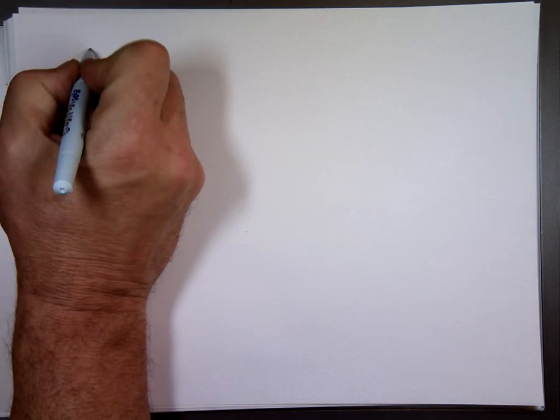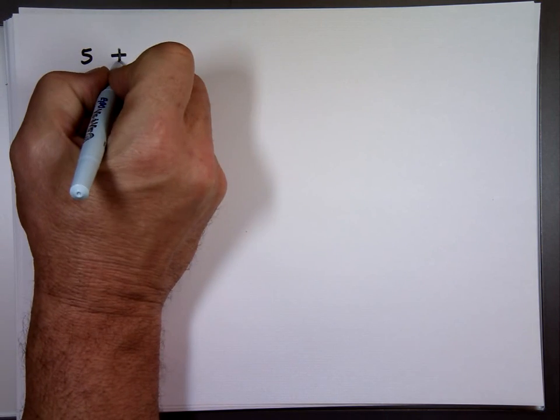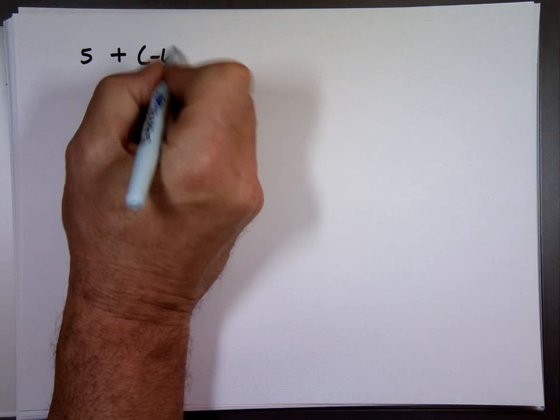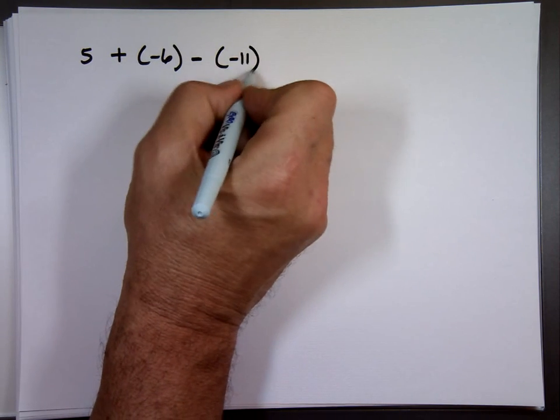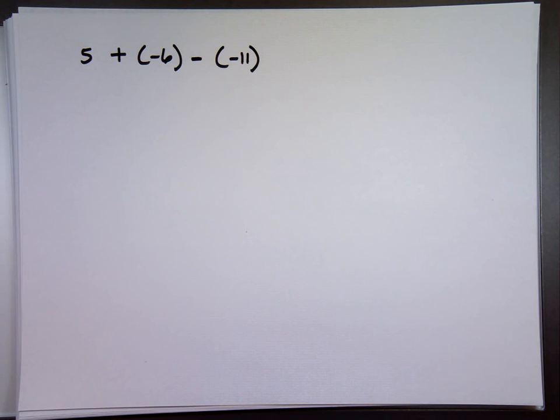Couple more, then this section is done. 5 plus negative 6 minus negative 11. If you remember, when it's plus, we don't touch anything.